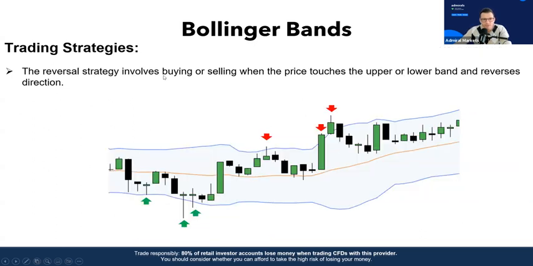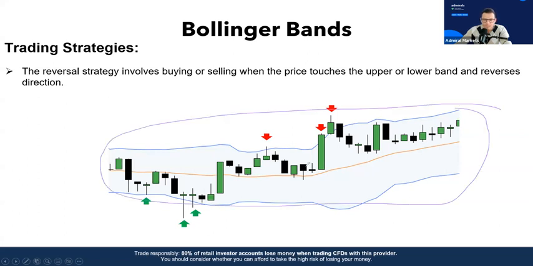Next, the reversal strategy. That involves buying when the price touches the lower band, and selling when the price touches the upper band, like in this example. And this is best used when the market is ranging to some extent.